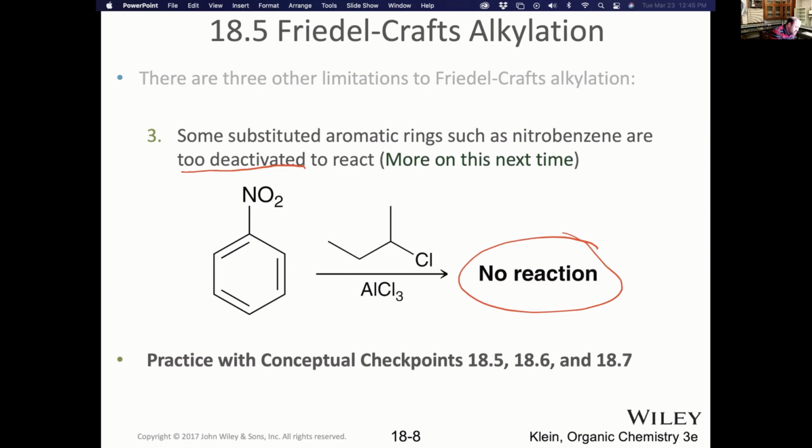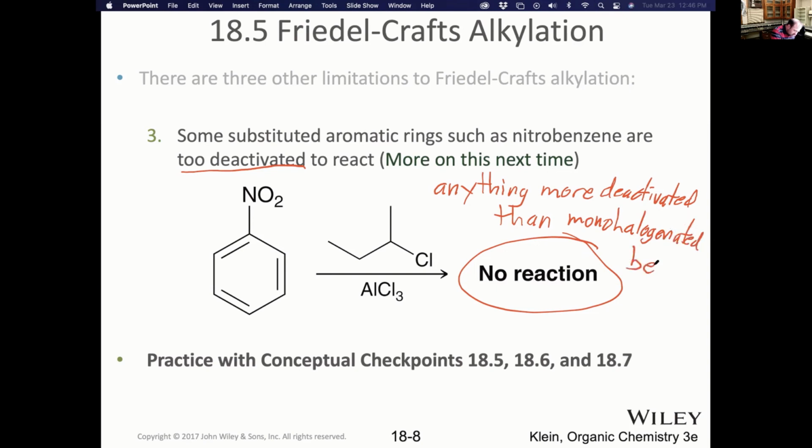We'll talk more about deactivation in the next lecture, but it's anything more deactivated than a monohalogenated benzene ring.